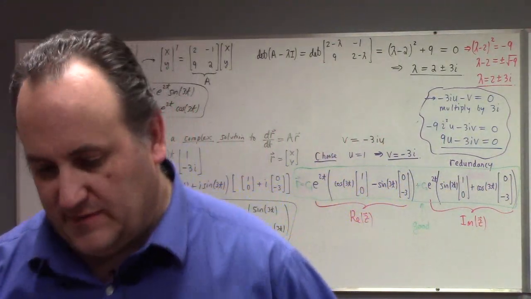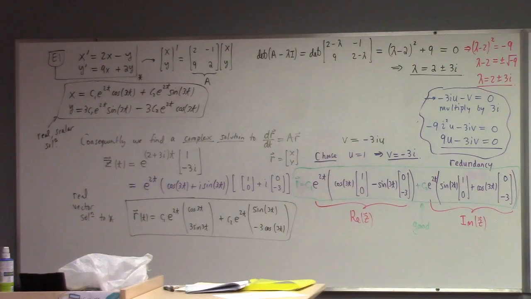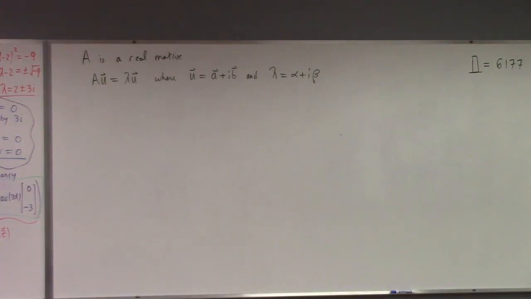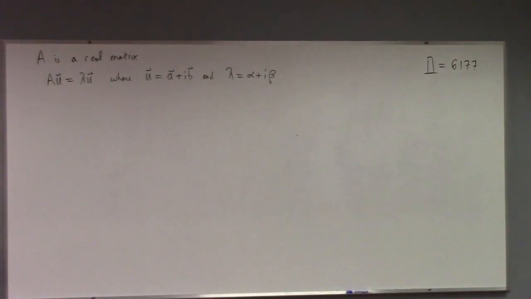Now, A is a real matrix in my discussion here, so what happens with the complex conjugate of the real matrix? The answer is, well, nothing.